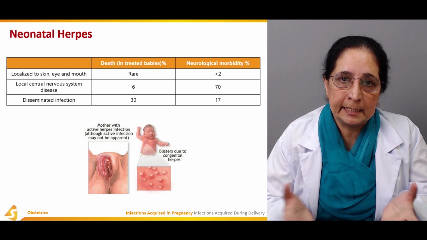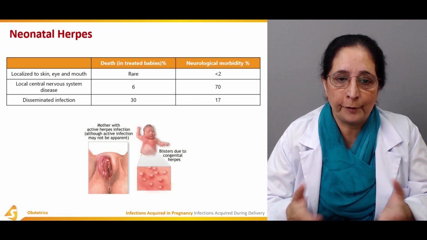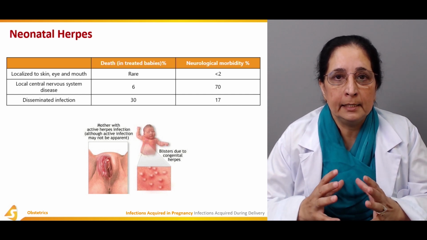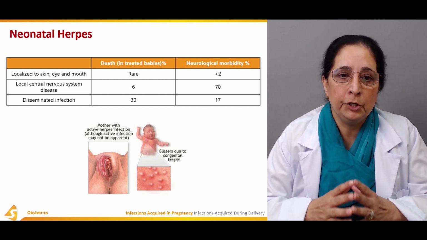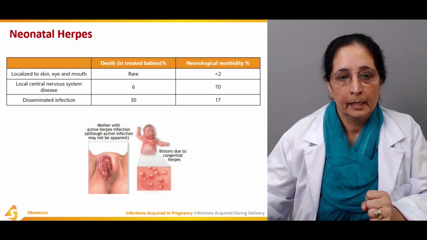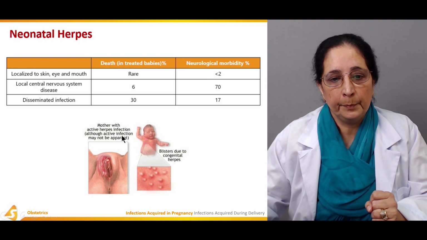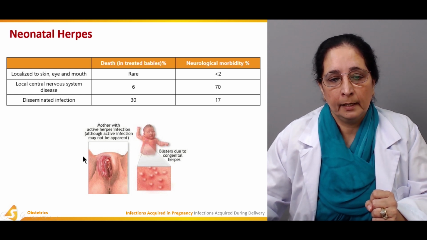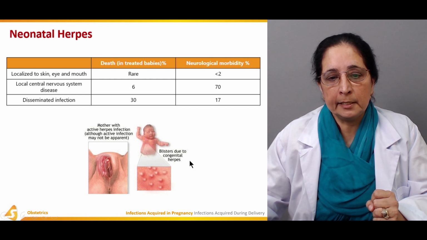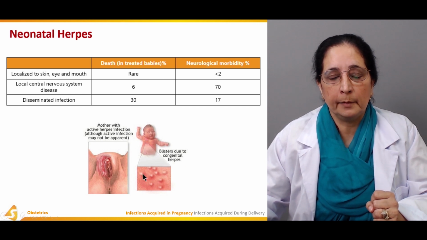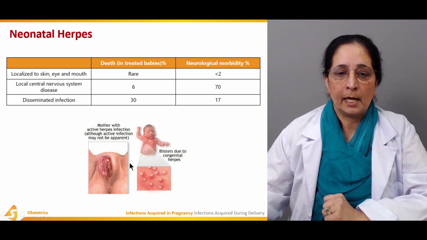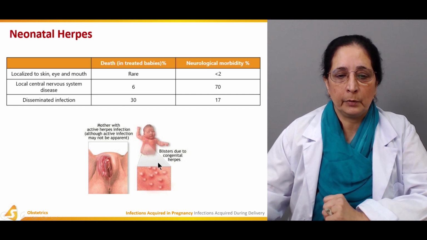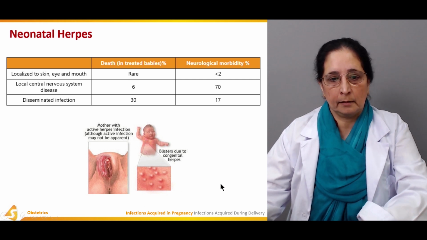But if it's a disseminated infection, or it spreads widely, then the death rate is higher, and it affects 30% of newborn babies. Here is a mother with active herpes infection, and then blisters due to congenital herpes. In congenital herpes, the baby usually has blisters showing like this.